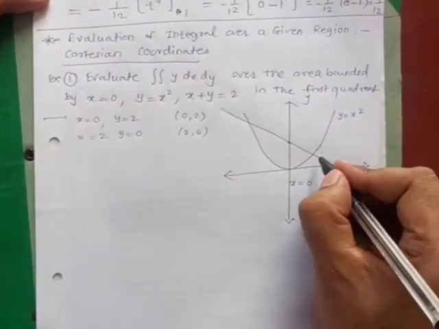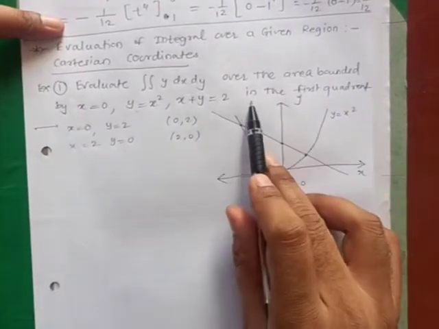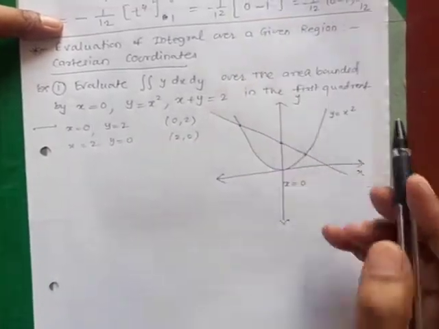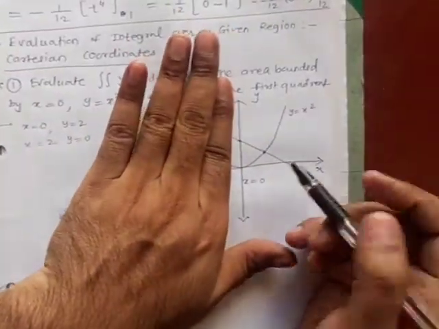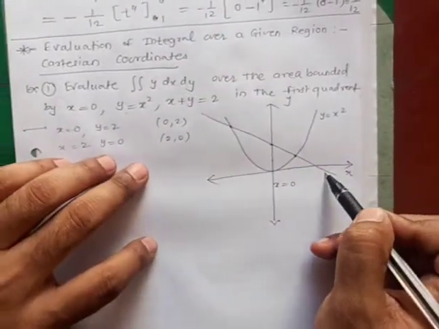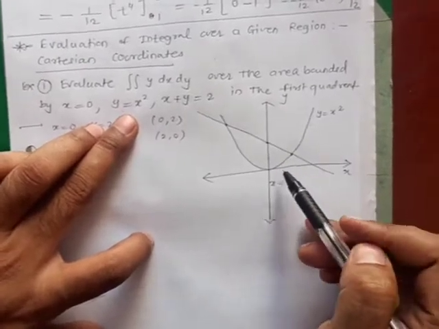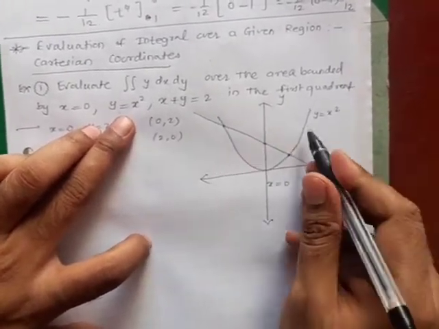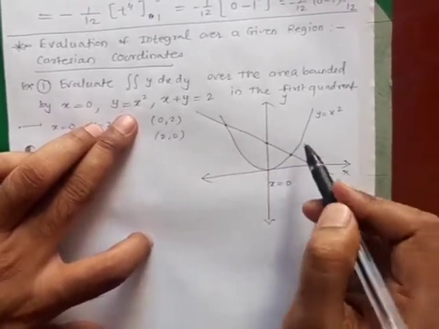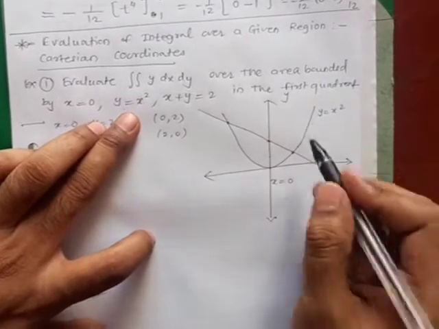We need to find the area bounded by these 3 curves in the first quadrant. That means we are not interested in this part, we are interested only in this part. Out of these 3 curves, this line, this parabola, and this x is equal to 0 line, which region will be bounded by these 3 curves?